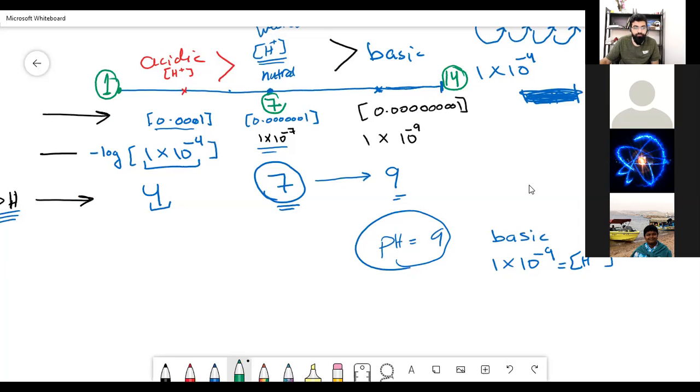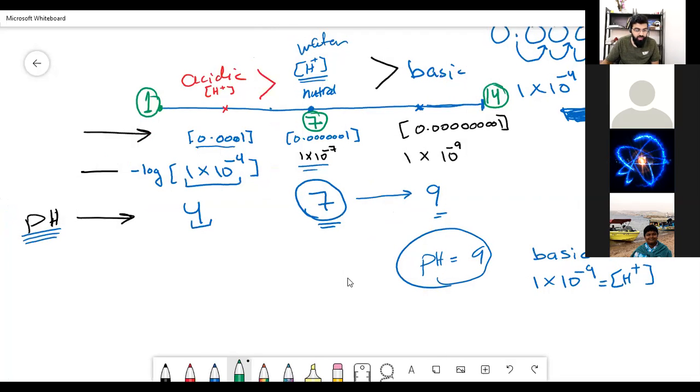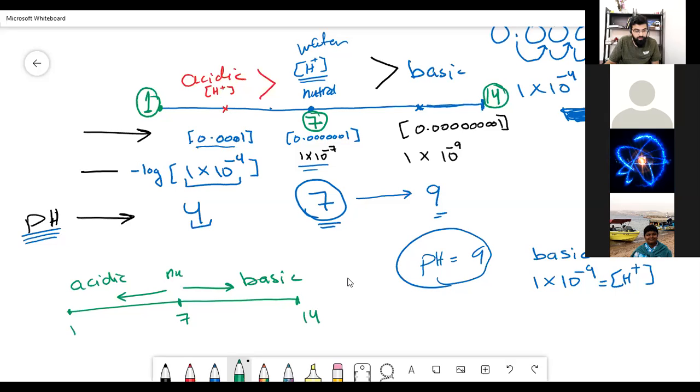Is it clear? Now, in the language of pH, we can make the scale in a new style. We can say it's from 1, here 7, here 14. From 7 to 14, it's basic. From 7 toward 1, this is acidic. And here, neutral in the middle.